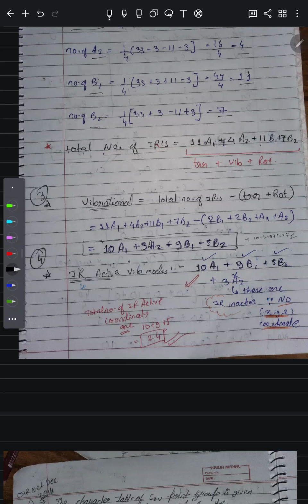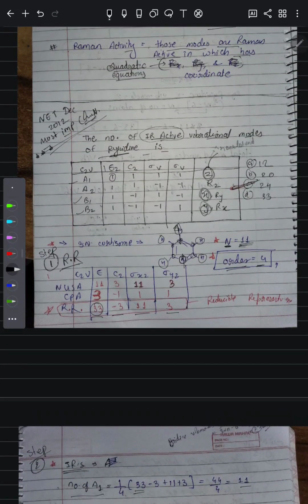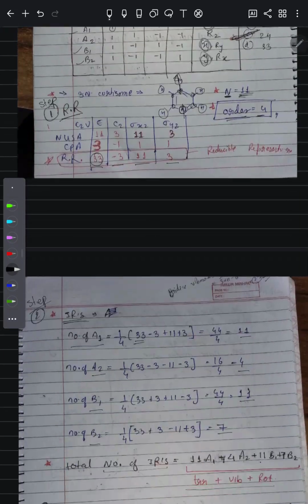Why? Because 3 A2 have no IR, so these 3 A2 are IR inactive, because in the character table they do not have x, y, z coordinates. The total number of IR active modes, by adding 10 plus 9 plus 5, is 24. So this is the final answer that we get by solving this question.